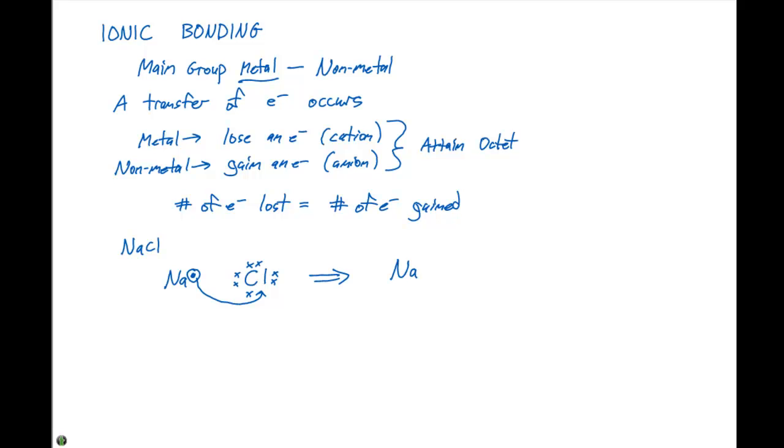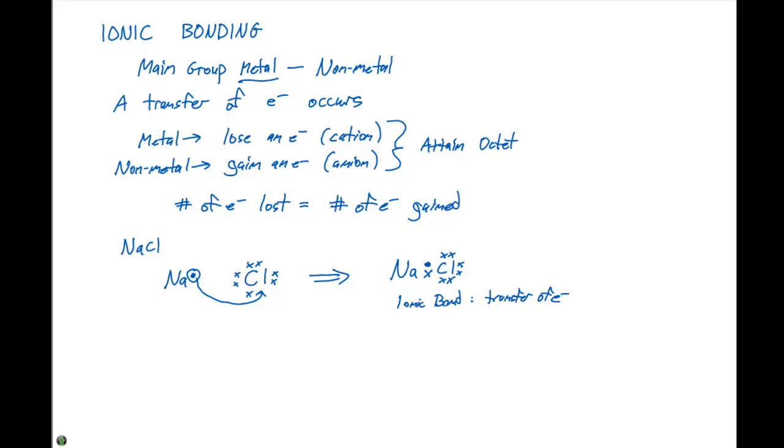So the structure, or the Lewis symbol, that results is going to look something like this. And here, this is going to indicate an ionic bond is taking place, which is a transfer of electrons.